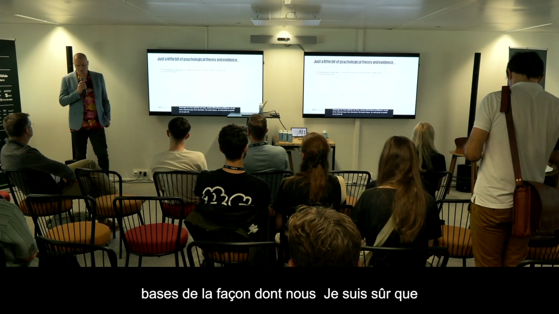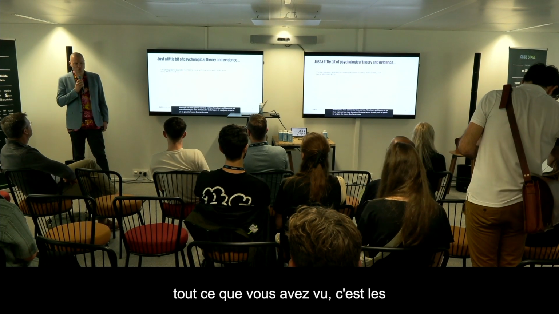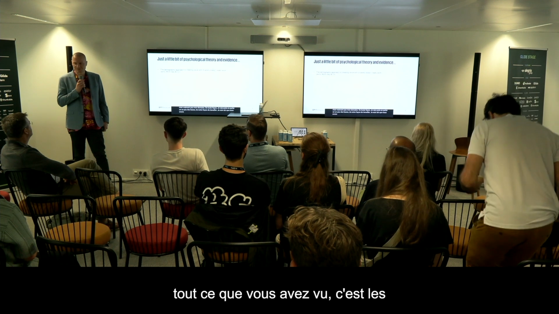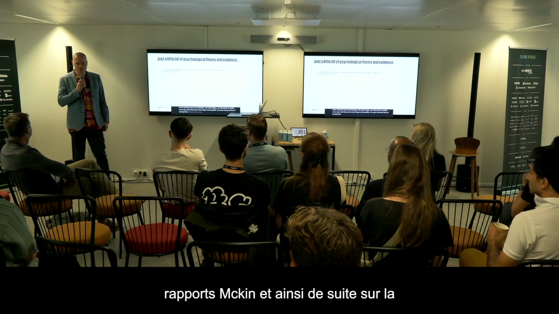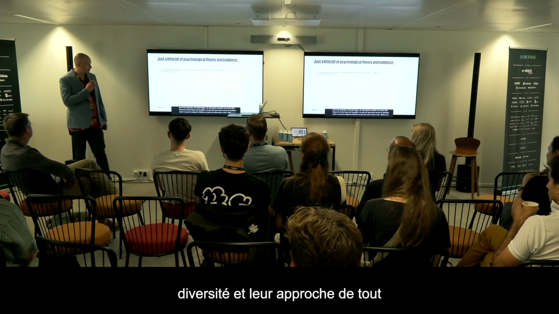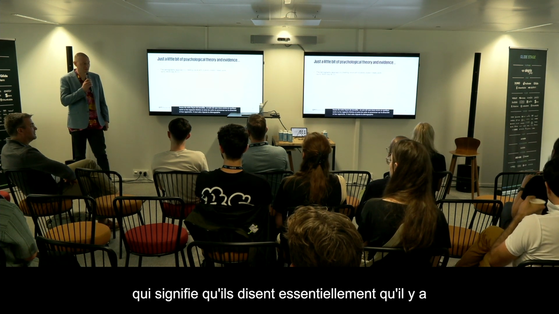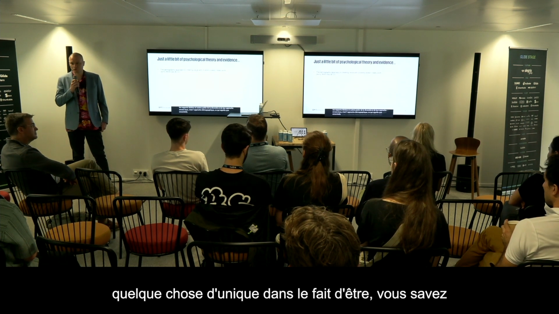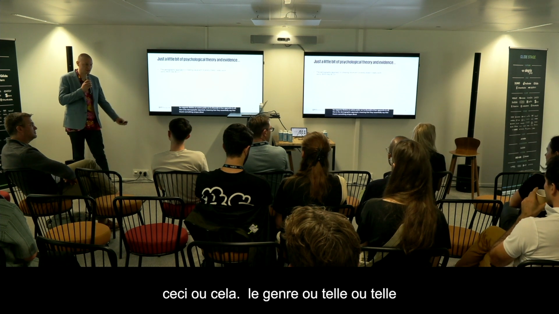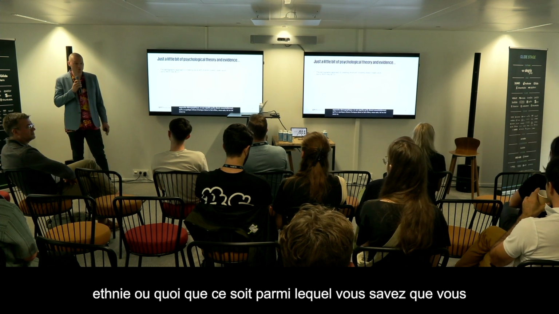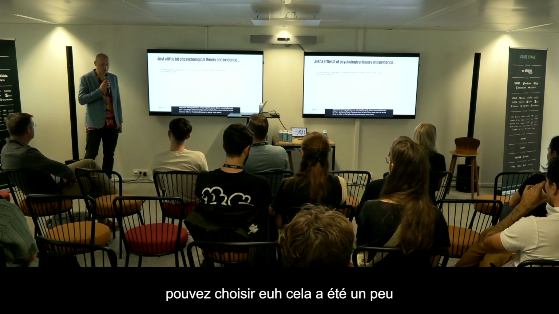I'm just going to take you through a little bit of the basics of the way we work. I'm sure all of you have seen the McKinsey reports and so on coming out on diversity, and their approach to all this is the demographic approach, meaning that they essentially say that there's something unique about being this or that gender or this or that ethnicity or whatever you can pick from.